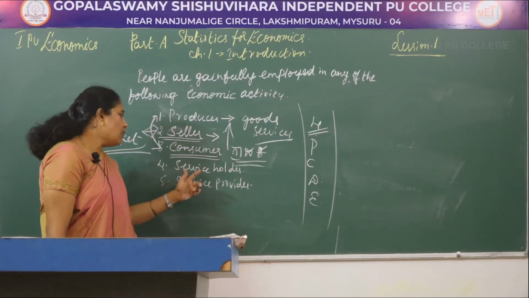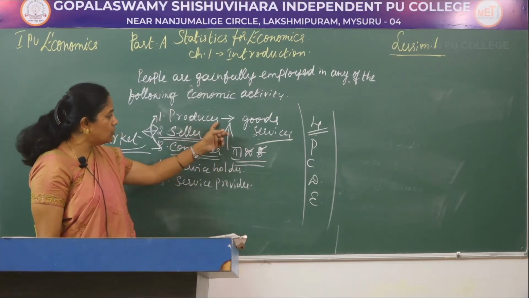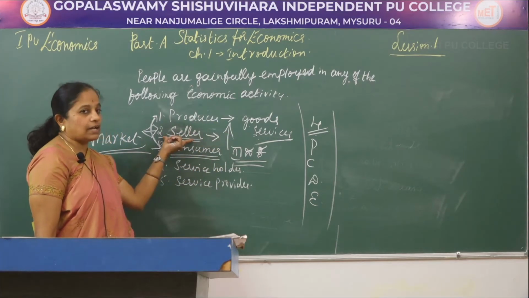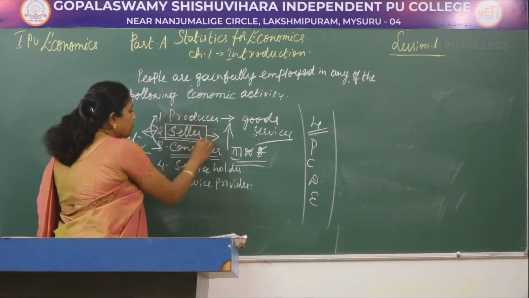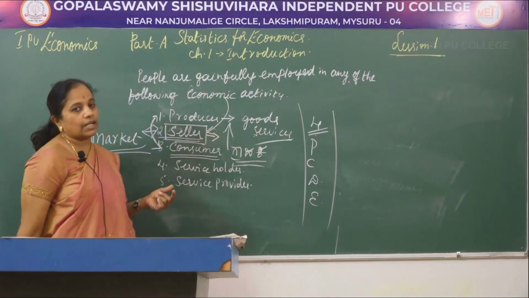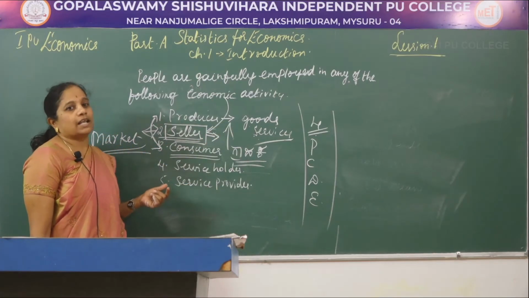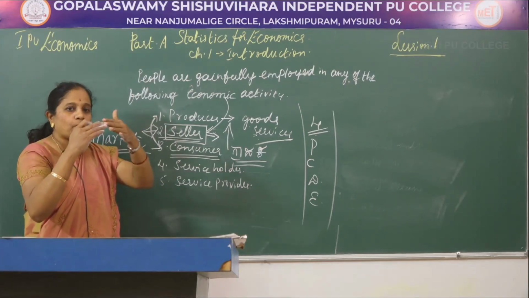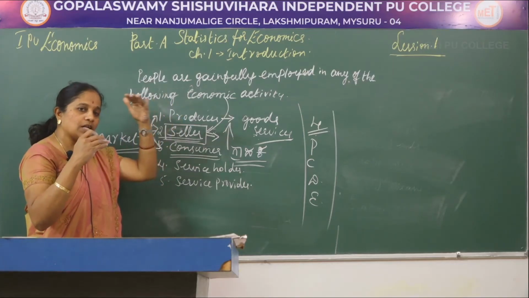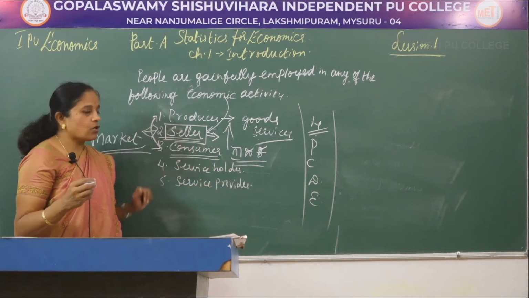So here you have learnt that the consumer is going to buy the goods with the help of the seller. So a seller plays a major role in the economic activity. In an economy, a predominant role is played by the seller, because he provides the link between the producer as well as the consumer. So the next one is service holder.